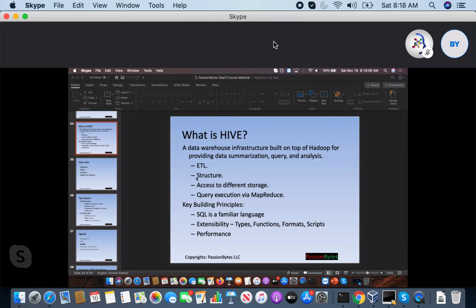Actually, it should not be called SQL. You should call it HQL, Hive Query Language. Very similar to SQL. Once you get familiar with this, you will understand what exactly it is. Until that time, just understand that it is very, very similar to SQL. Please look at that innovation.